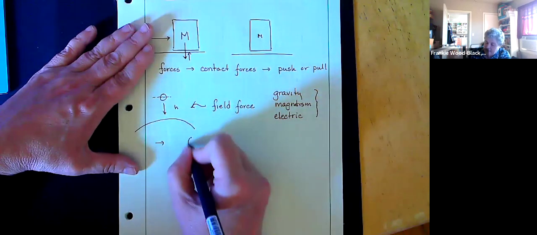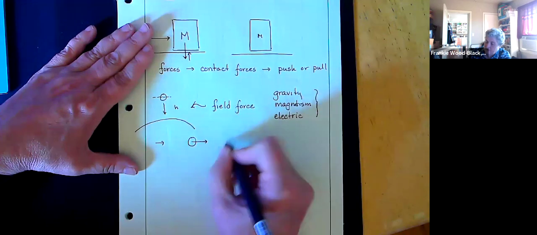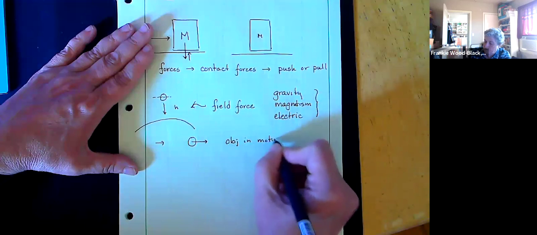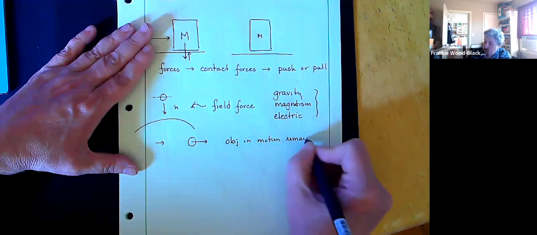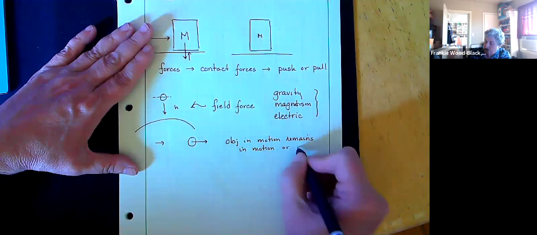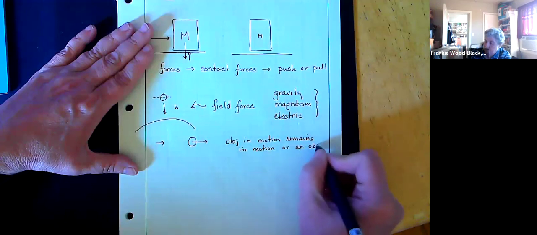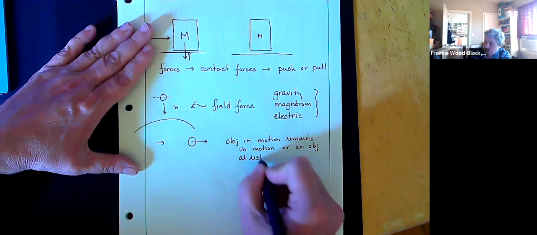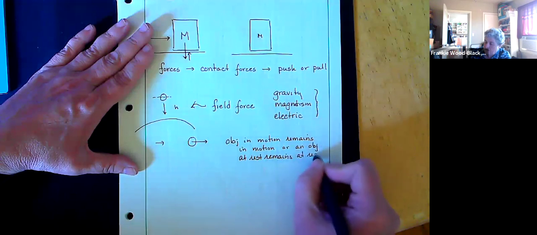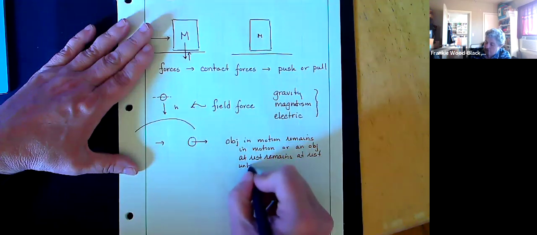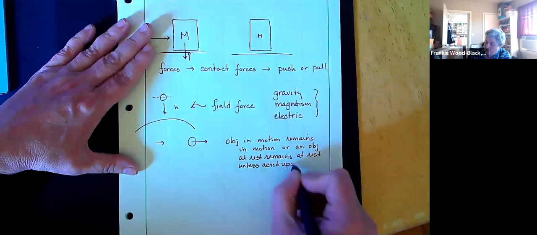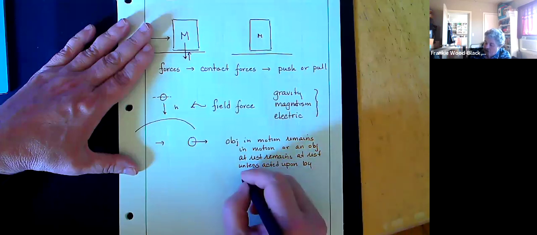One is if I'm in space and my object is moving, we've got an object in motion remains in motion, or an object at rest remains at rest, unless acted upon by an unequal force.